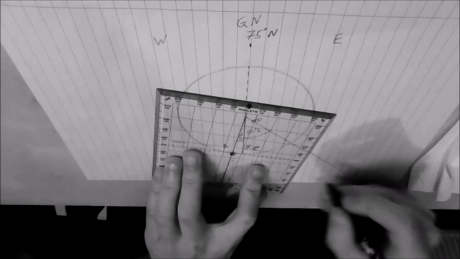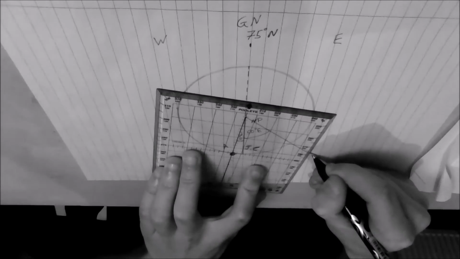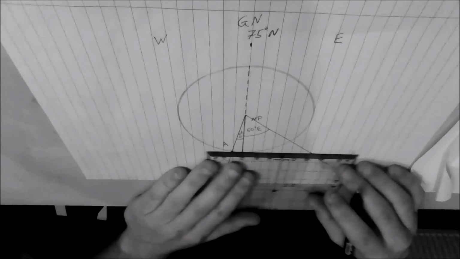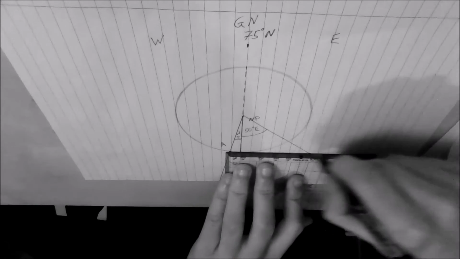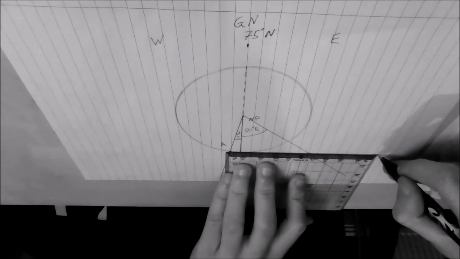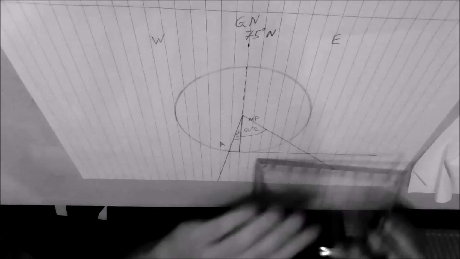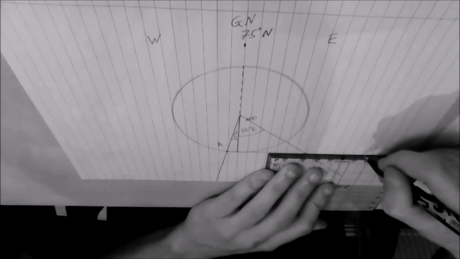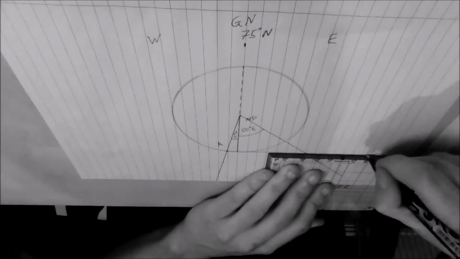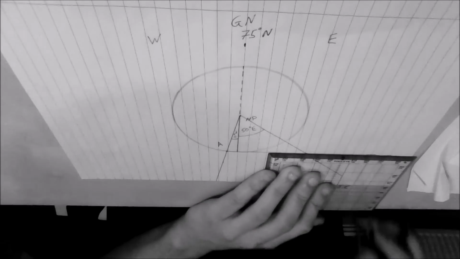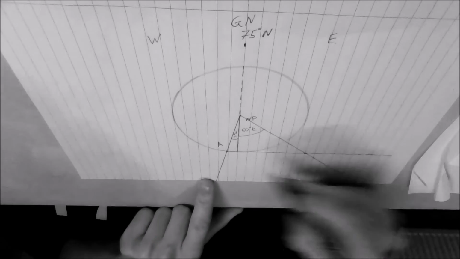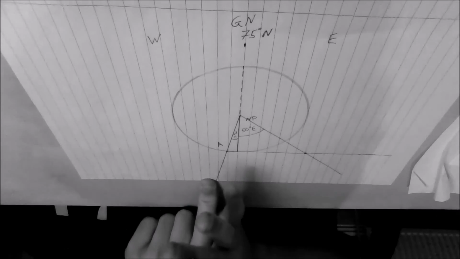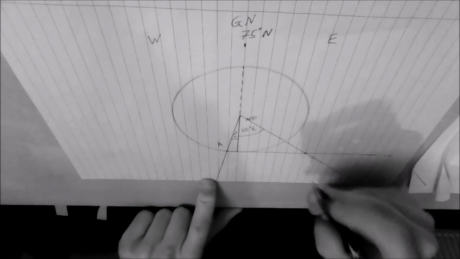And then on our compass we go around to 80 degrees and mark it there. Okay, now draw a straight line between A and that point we have just marked, and take that out again as far as possible, because you're going to need that. Maybe a little bit further actually. To there. And then mark a dot where our 50 degree east and our 80 degree line from 10 degrees west intersect, which is there.